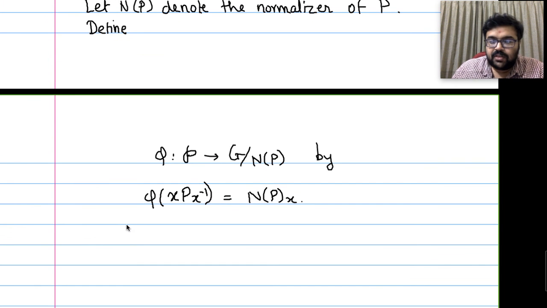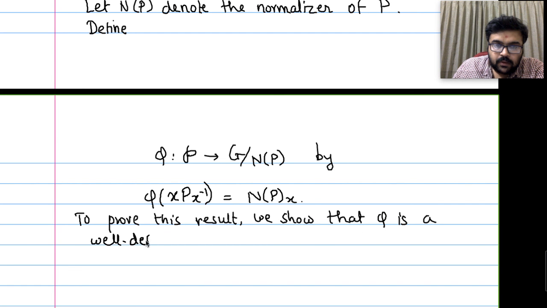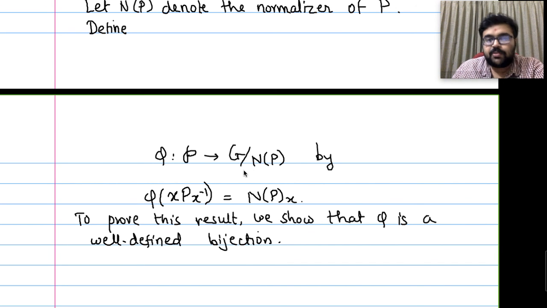So to prove this result, we show that phi is a well-defined bijection. It's a well-defined function and it is a bijection, that is, a 1-1 correspondence. The number of elements here is the same as the number of elements here.